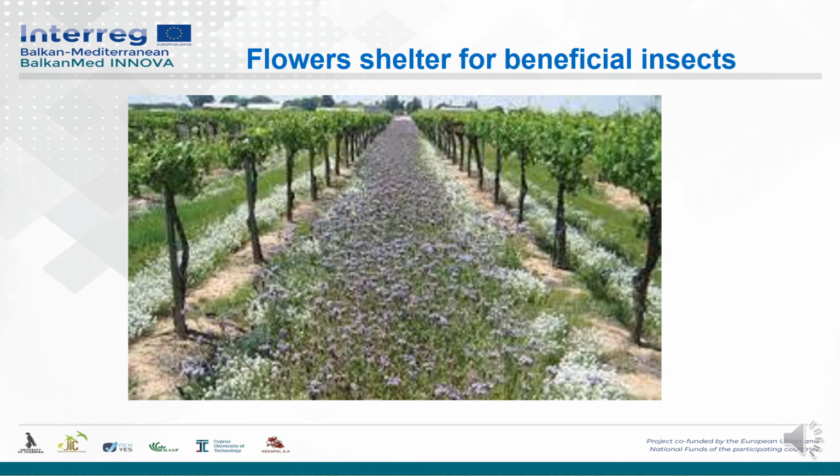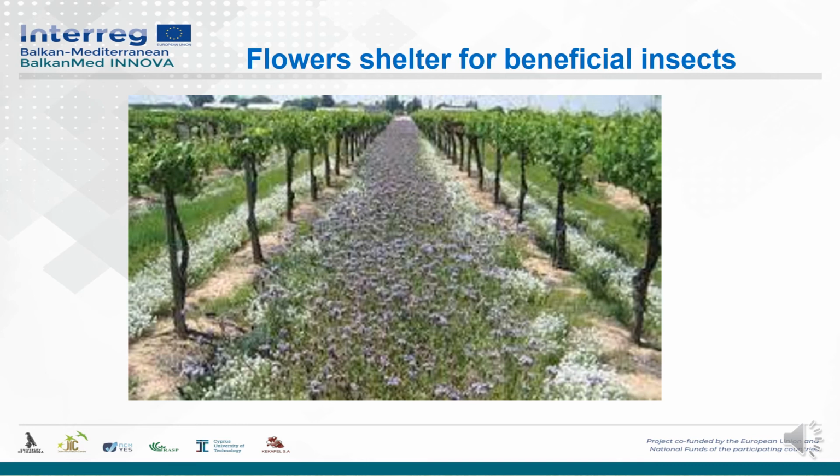And here you have a nice photo of what? You have a photo here of a vineyard with different strips of plants that people consider as weeds, but they are beneficial to us.